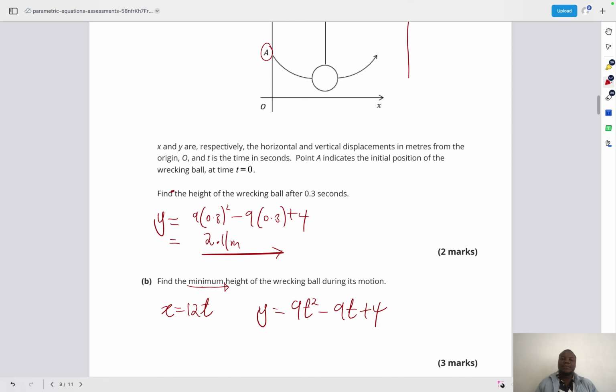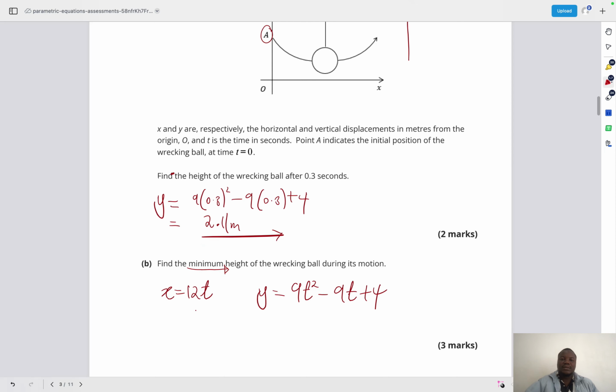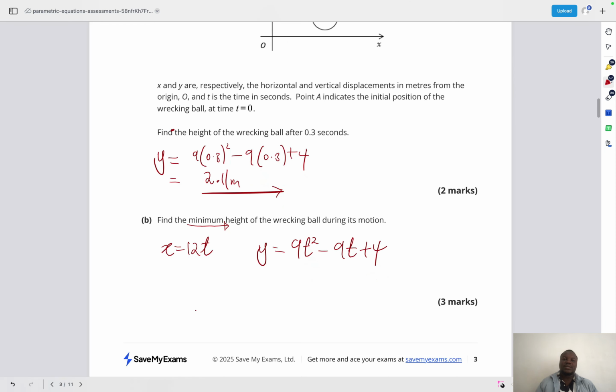To find the minimum height of the wrecking ball, we need to find our dy/dx using these two parametric equations. So first we need to find dx/dt, which is very easy. Here you get 12, and then here we need to find our dy/dt, which is now going to give us 18t minus 9.